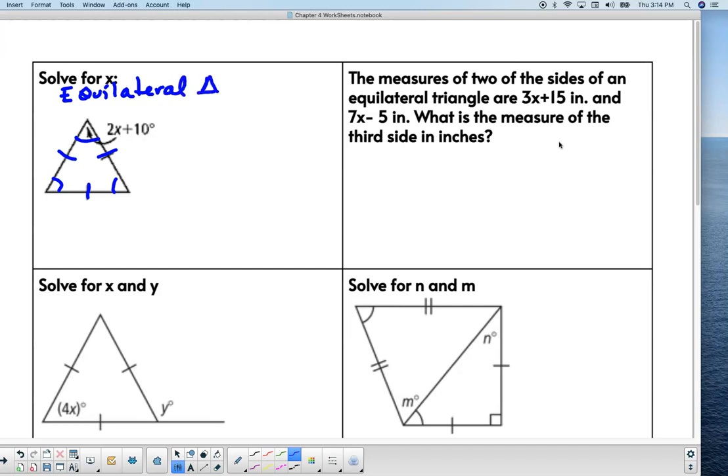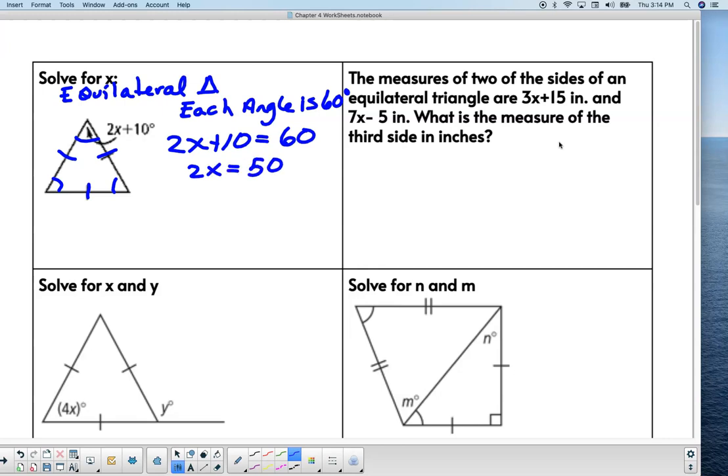The reason I pointed out all the angles are the same is that each angle is 60 degrees. So 2x plus 10 is equal to 60. And I can just solve that. 2x is equal to 50 after I subtract 10, and x is 25. Okay, so I'm using that shortcut to help me figure out my values.